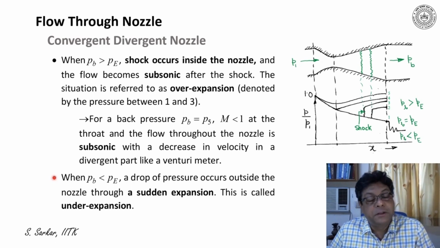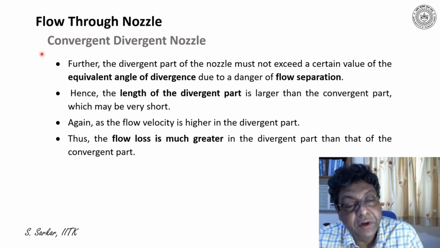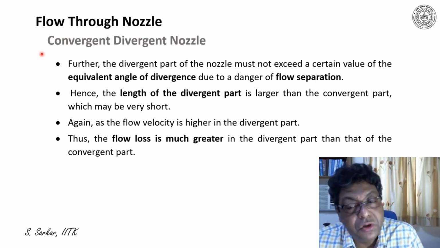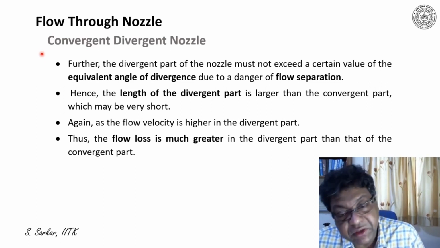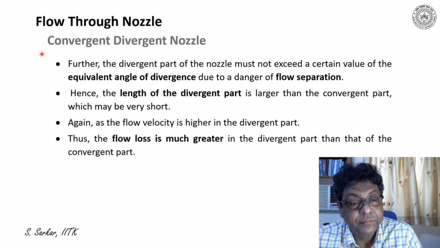referred to as underexpansion. Again, for a convergent divergent nozzle, the divergent part of the nozzle must not exceed a certain value of equivalent angle of divergence due to the danger of flow separation.